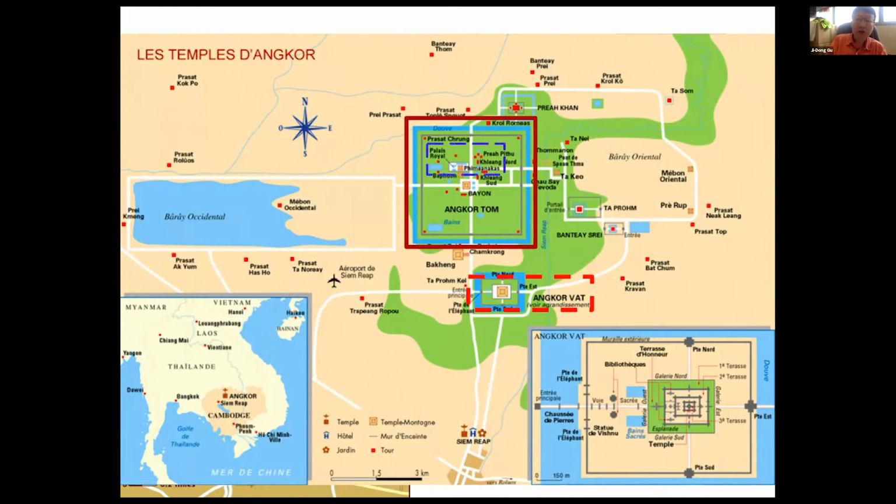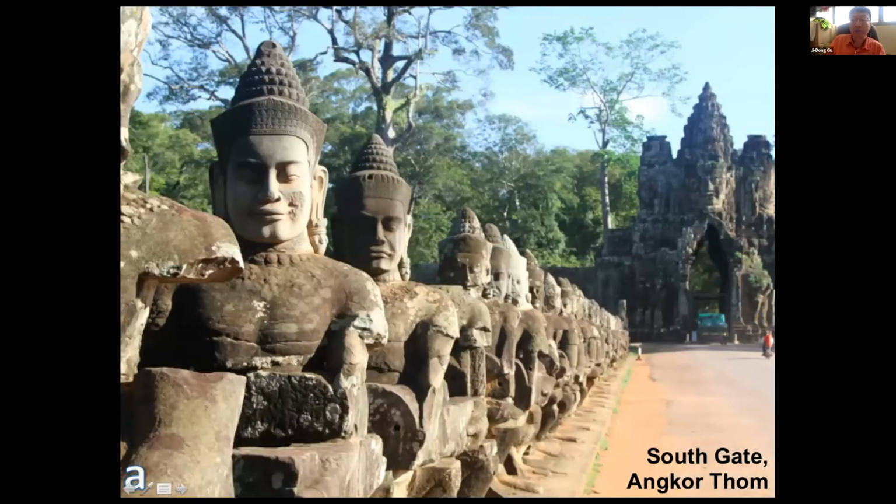So I want to show you some information about Angkor Thom. This is going into Angkor Thom, the city, at the south gate. If you look at the left-hand side, and similarly on the right-hand side, which you can't see, there are statues of guards, warrior guards.